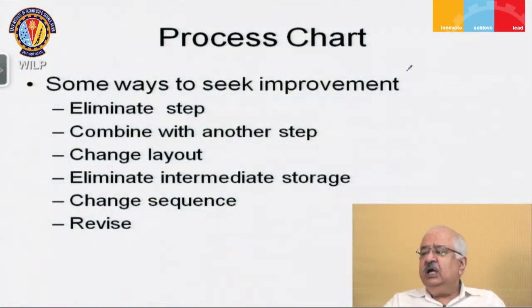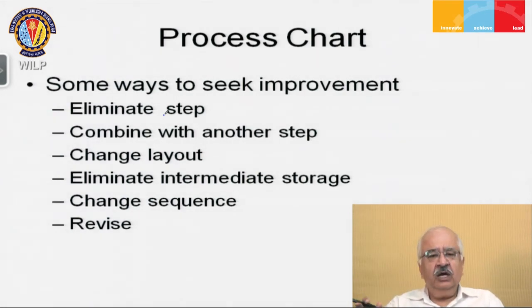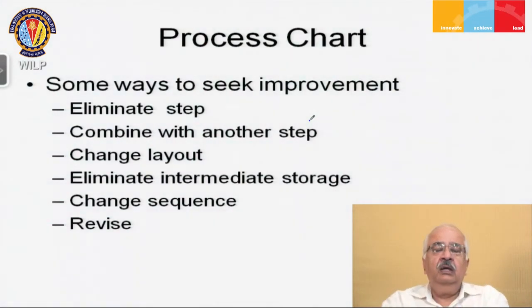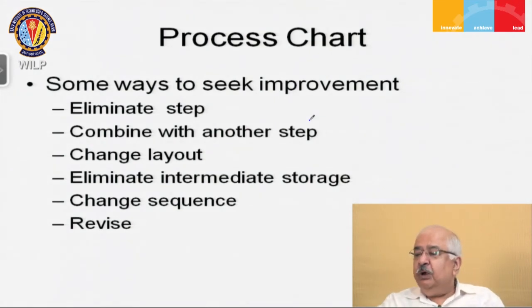So in a process chart, some of the ways in which we can try to look for improvements: can I eliminate a step? Is this thing really necessary? If it's not necessary, can I just skip it? Or if there are 2 things that are happening, can I combine them? So let's say I'm walking with something and then I'm going to go over there and open it, can I, while I'm walking, open the thing? So is it possible for me to combine steps? Can I change the layout so that the amount of transportation is reduced?